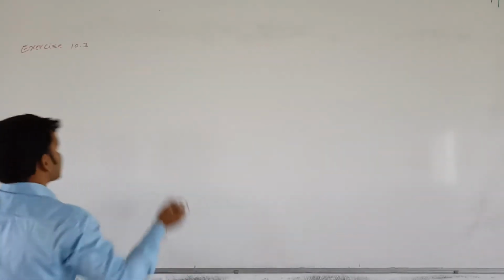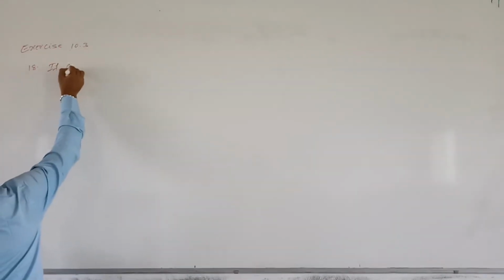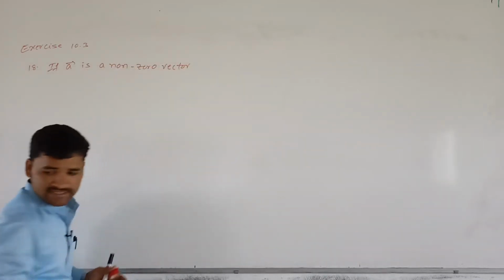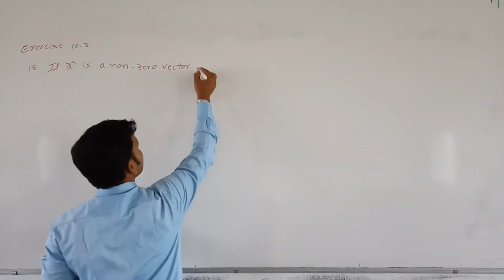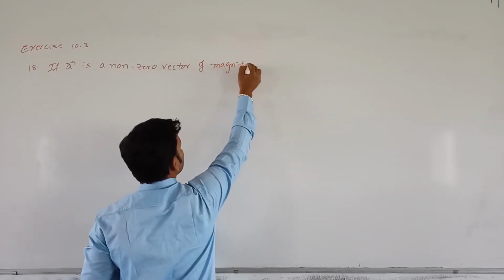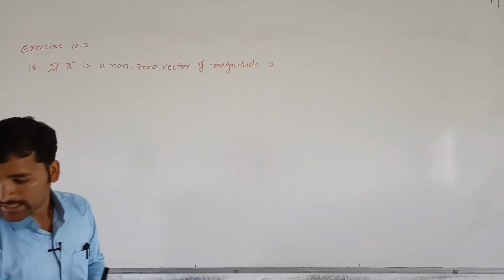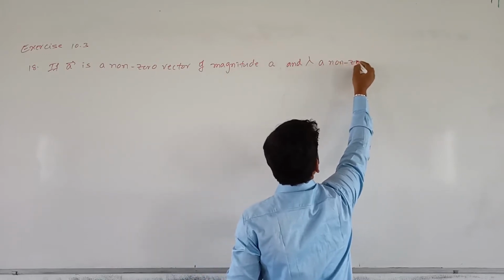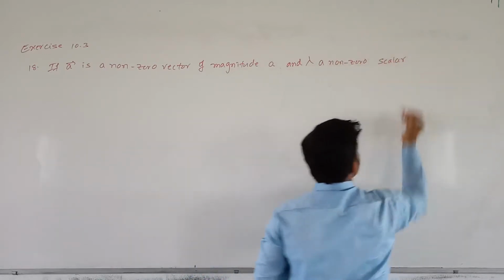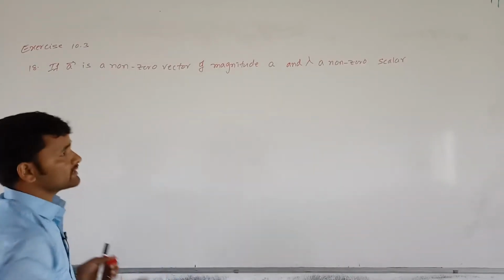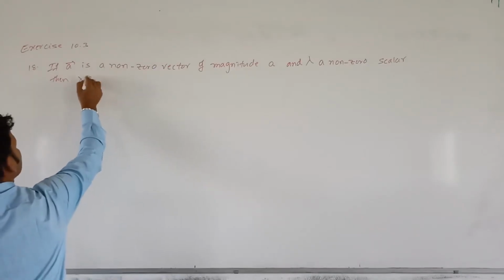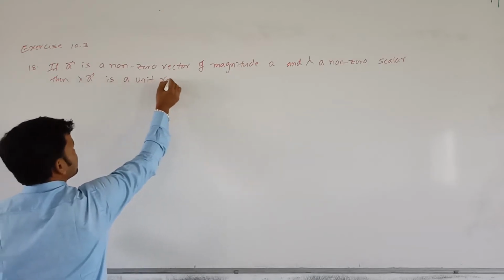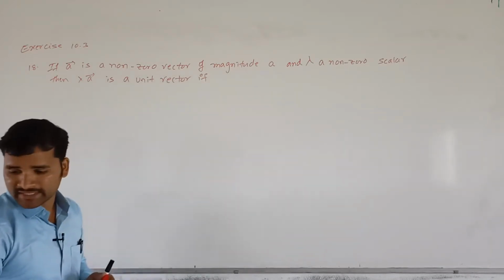Question number 18: if vector A is a non-zero vector of magnitude A and lambda is a non-zero scalar, then lambda into vector A is a unit vector if.